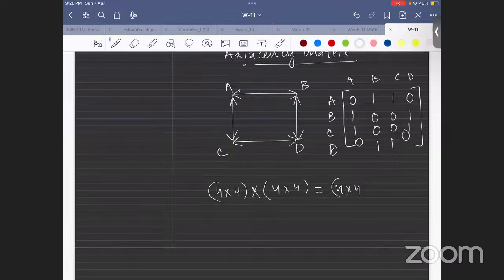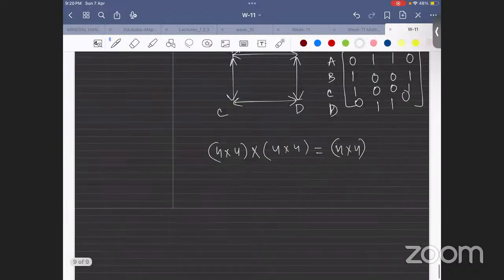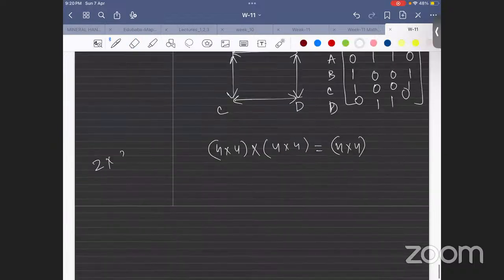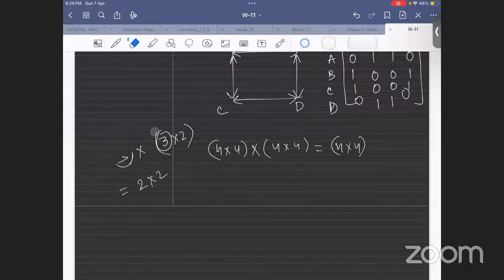For example, if you have 2 cross 3 and 3 cross 2, what should the result be? You remove the inner dimension and are left with 2 cross 2. The matrix multiplication you are already aware of, correct?